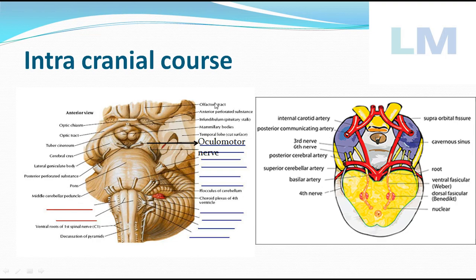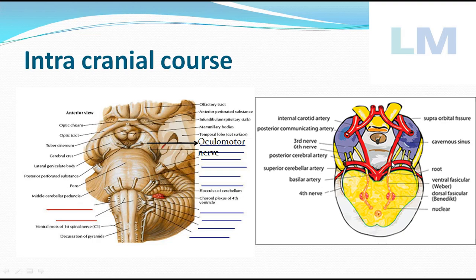Okay. The intracranial course of the oculomotor nerve: it arises from the medial side of the crus cerebri. After emerging, it passes forwards and slightly laterally towards the superior orbital fissure, but before that it has to reach the cavernous sinus. When it is passing forwards and laterally, it is related to the posterior cerebral artery and the superior cerebellar artery.